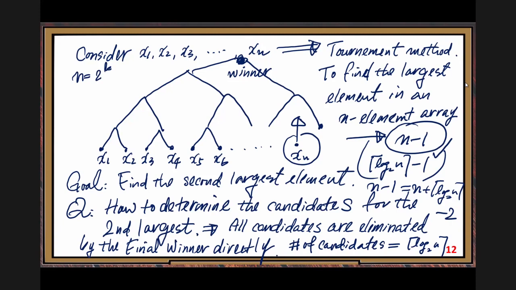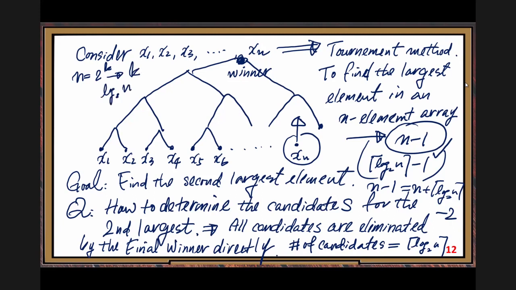K rounds. Each round gives one candidate, so you get k candidates. That's log base 2 of n.